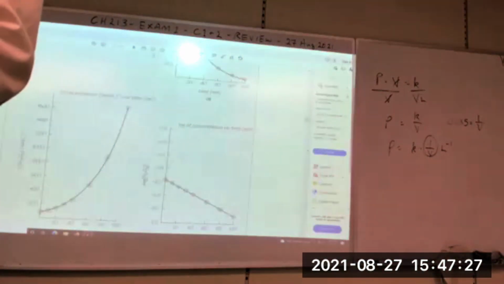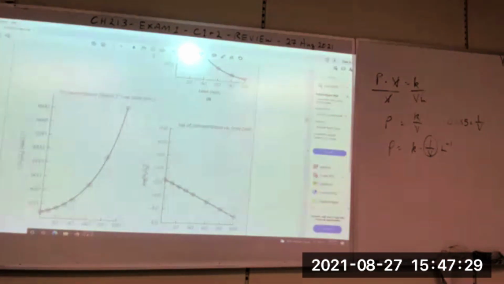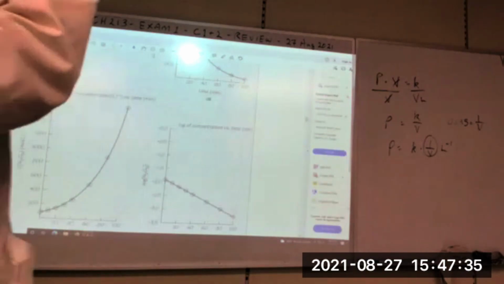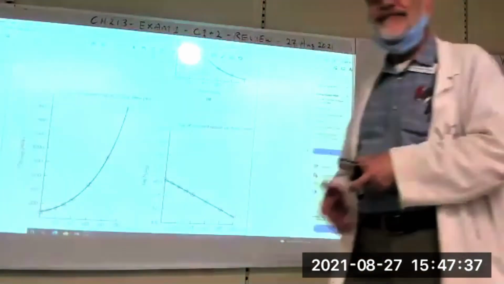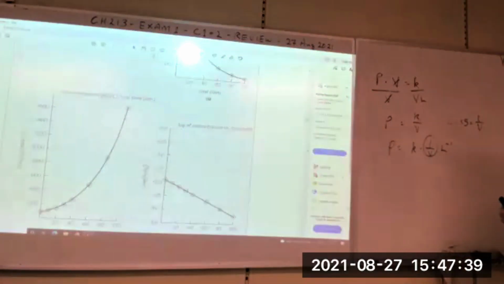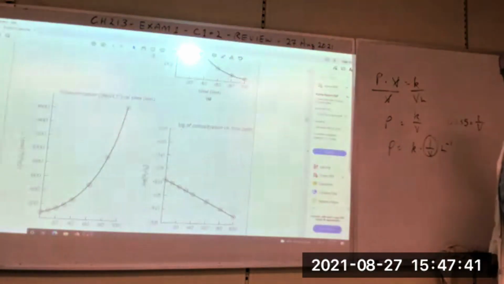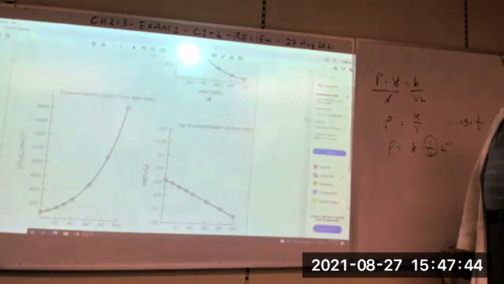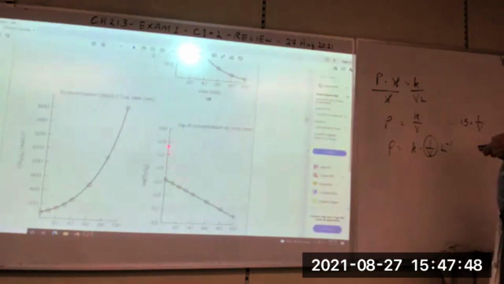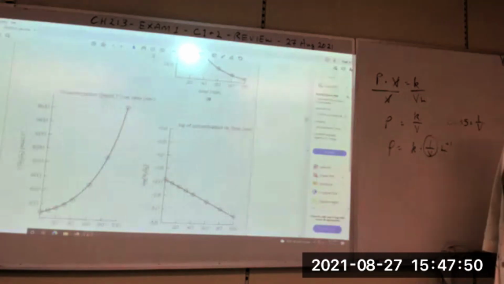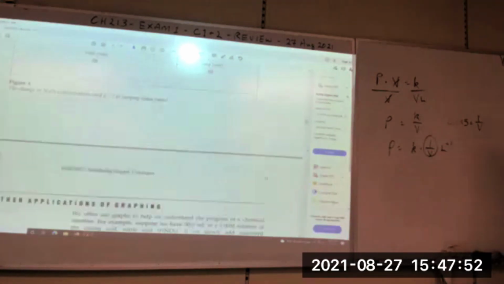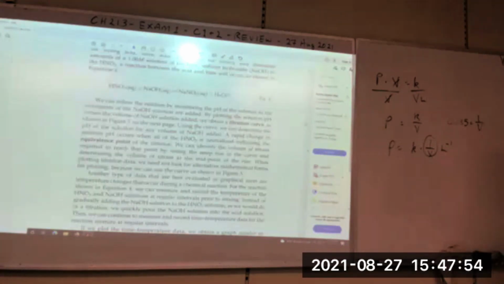Wait a minute. Are we not going to do kinetics? Oh, no, I'm sorry. That's 214. Getting ahead of myself. This is 213. So if you come back for the second semester, we'll do reaction rates, which is kinetics. And we use some transformations in there to try to make sense of the data. Okay, let's not get ahead of ourselves here.